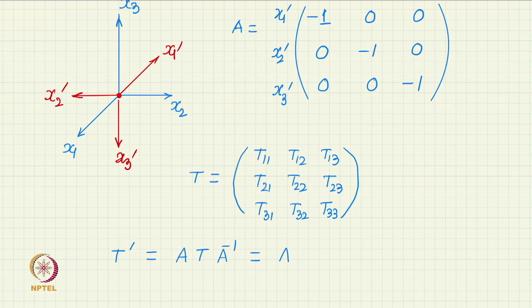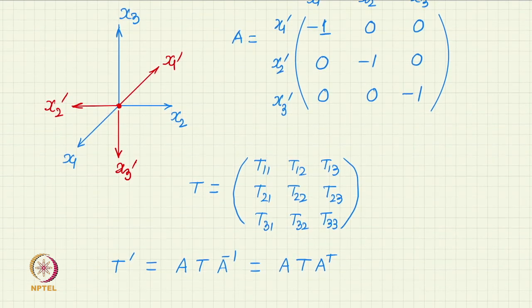We have also noted that for orthogonal transformations, A inverse is nothing but A transpose. So, we can write A transpose, but note the particular values of A. In this case, A is nothing but the negative of an identity matrix.